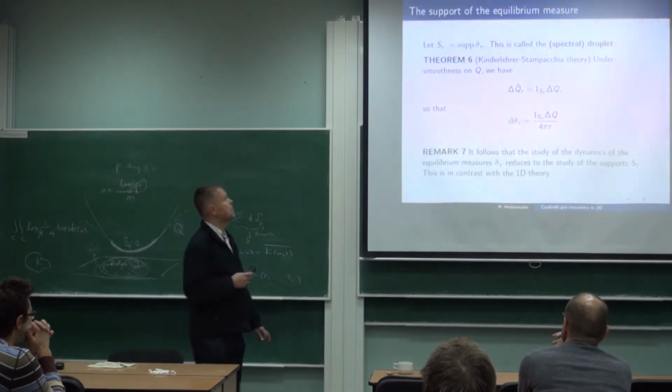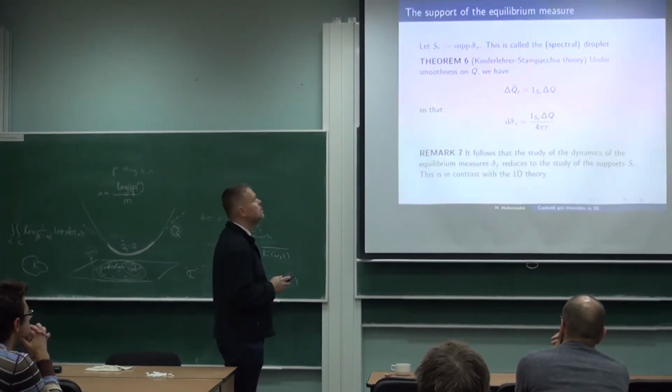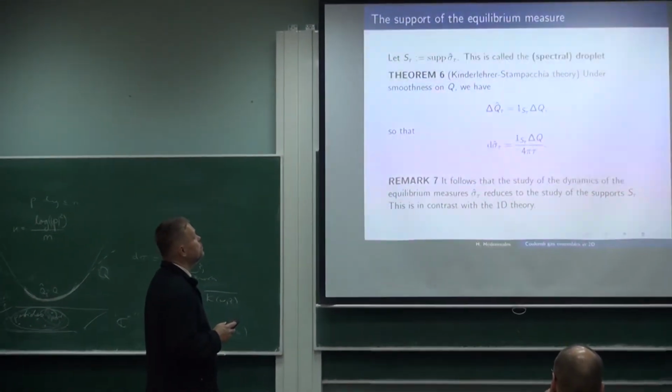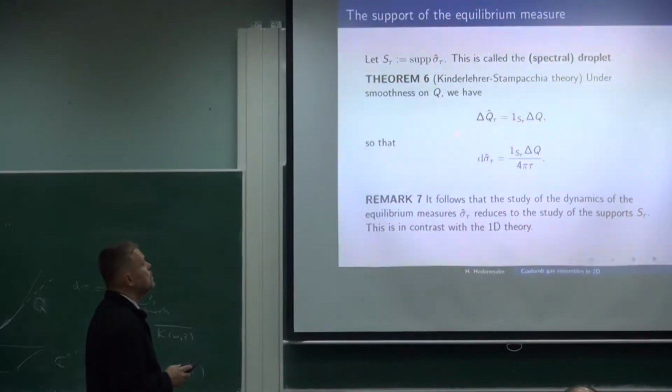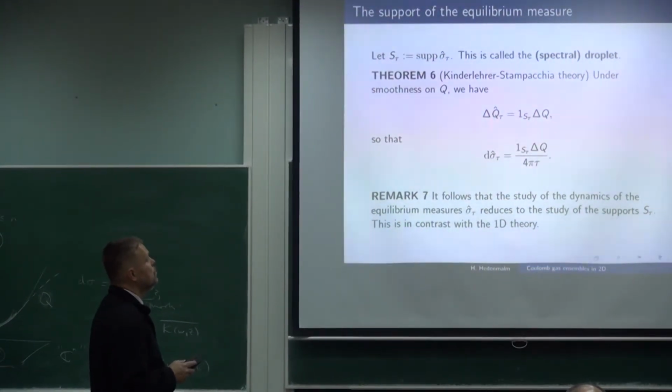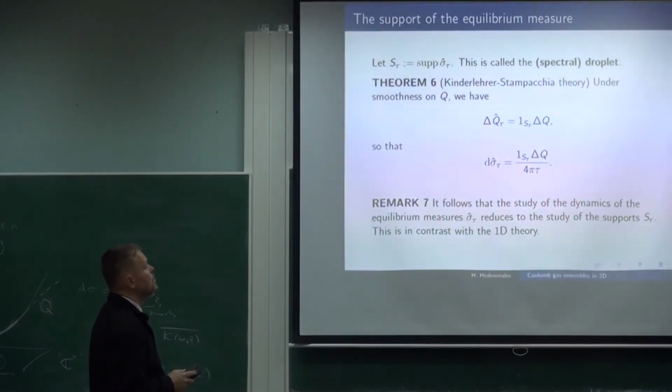Coincidence set is called. Then you have this theorem from this theory of Kinderlehrer, Stampacchia, etc. So under some smoothness on the potential, we do have this relationship that the Laplacian of the solution to the obstacle problem has the same density as Q, only restricted to a certain set.